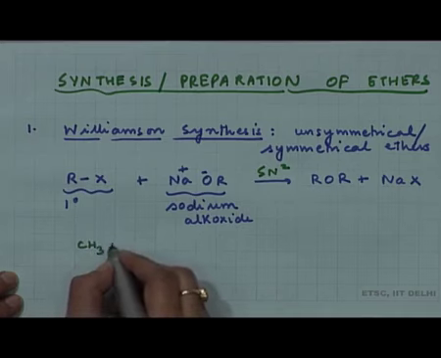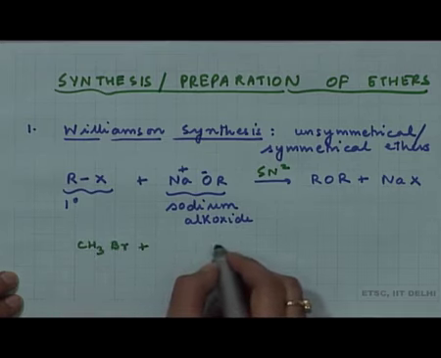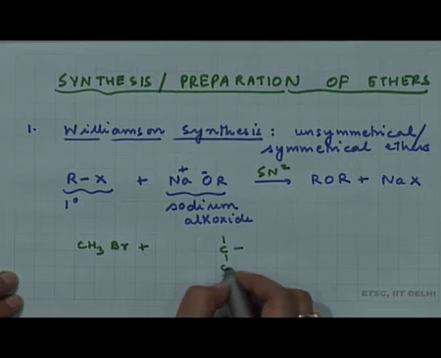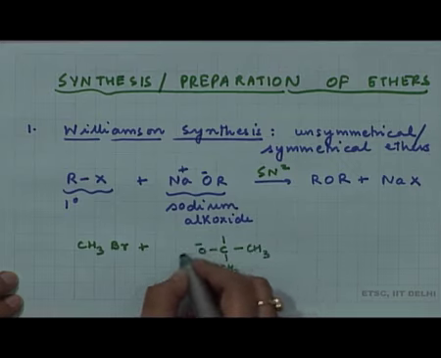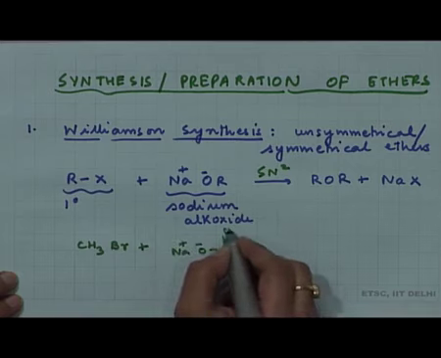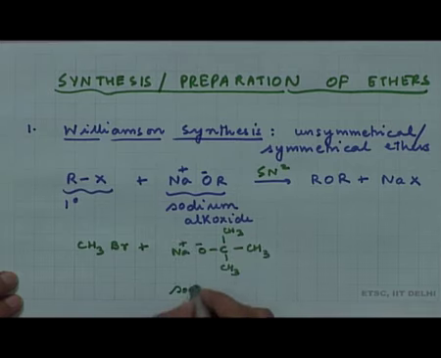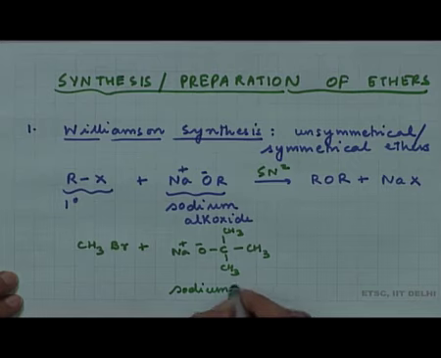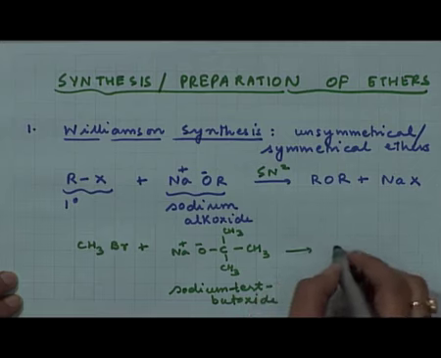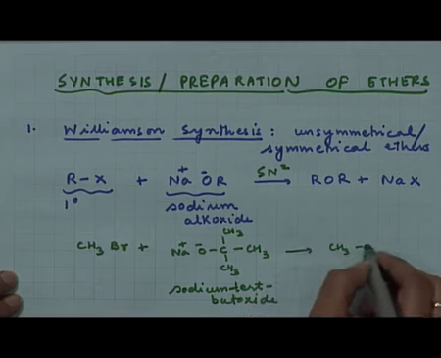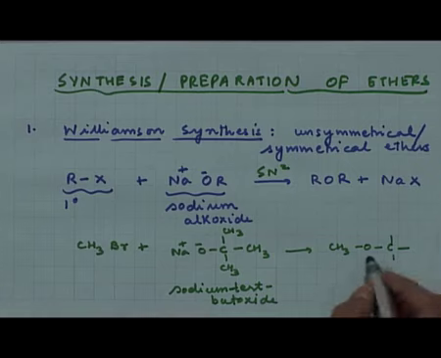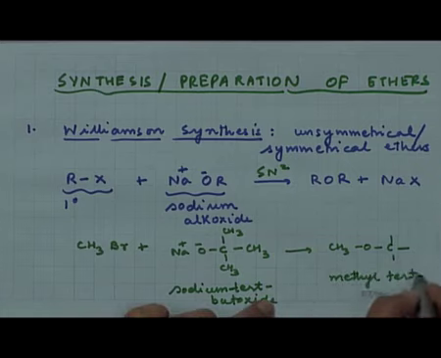For example, you take methyl bromide and you treat it with sodium tertiary butoxide, and in this case what you get is a methyl tertiary butyl ether.